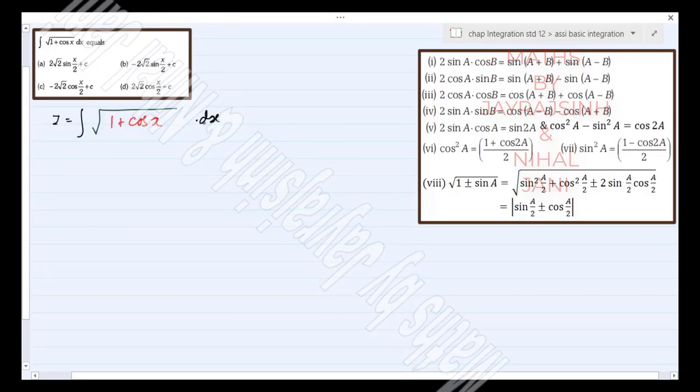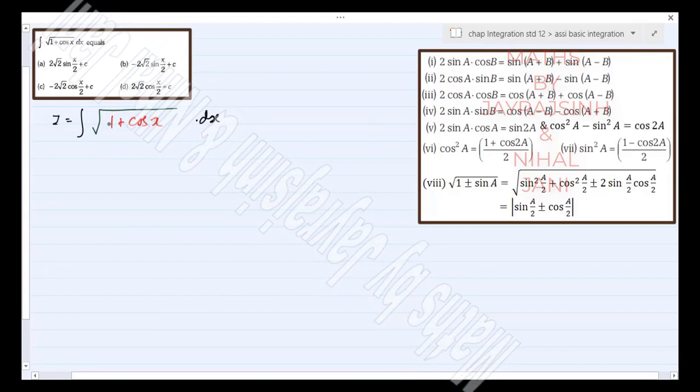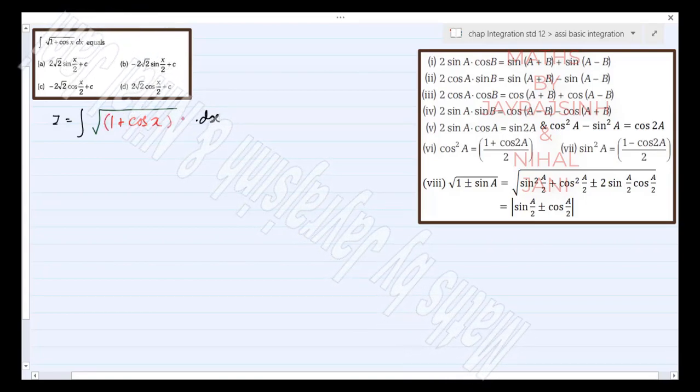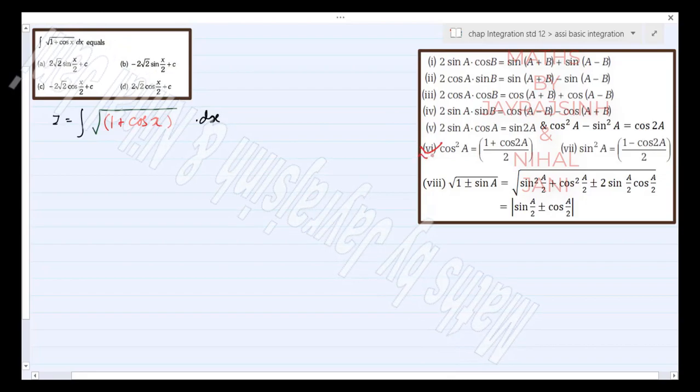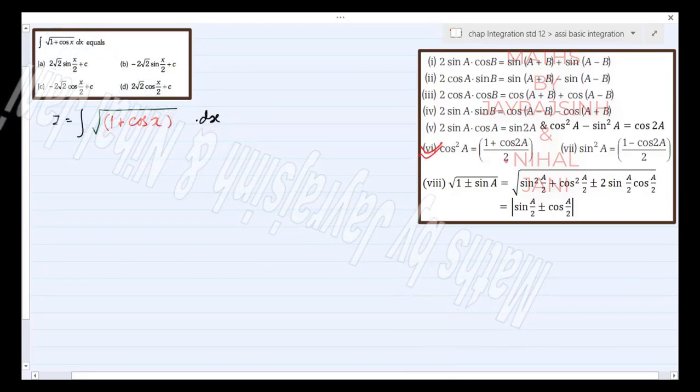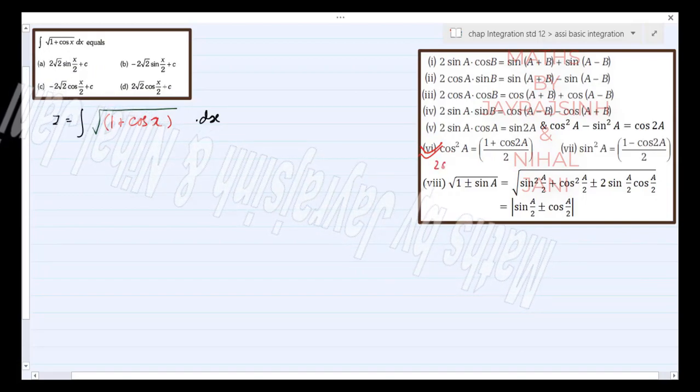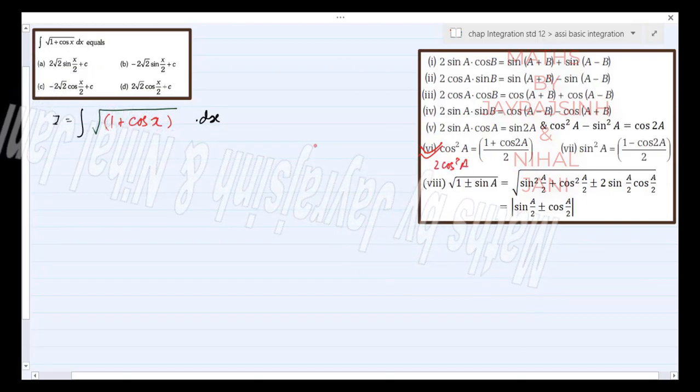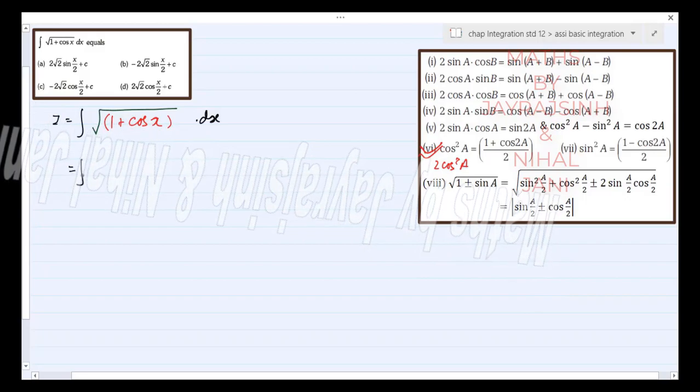Before we go for integration, you have to simplify this. For simplification of 1 plus cos x, you have to use the formula of cos square a. 1 plus cos 2a can be rewritten as 2 cos square a. So let's use the same formula over here.